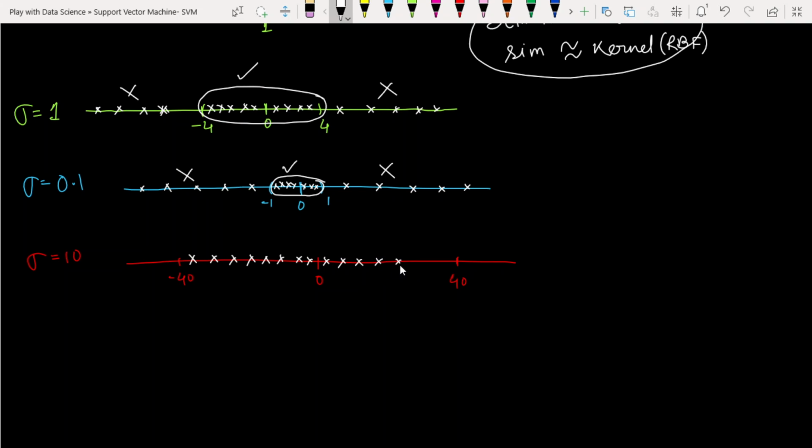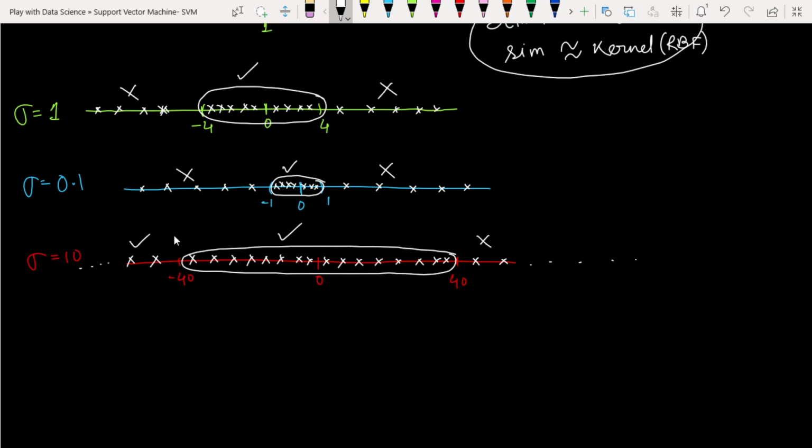It is the same as KNN. We just increase the K. If we increase the K, then we are considering more points. If we decrease the value of K, then we are considering fewer points. We are considering this point. We are not considering this point.